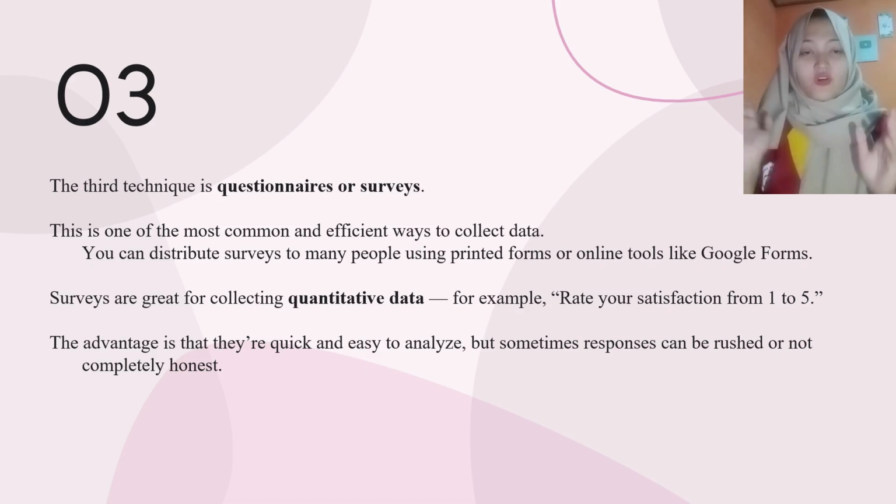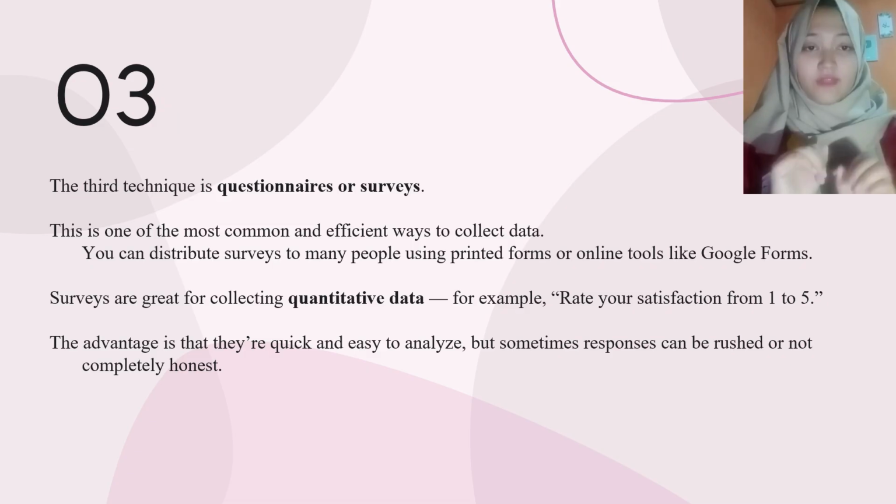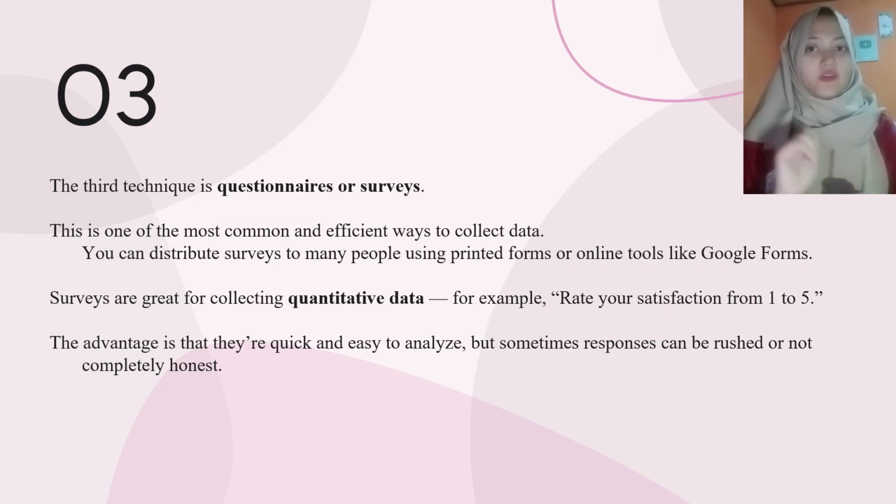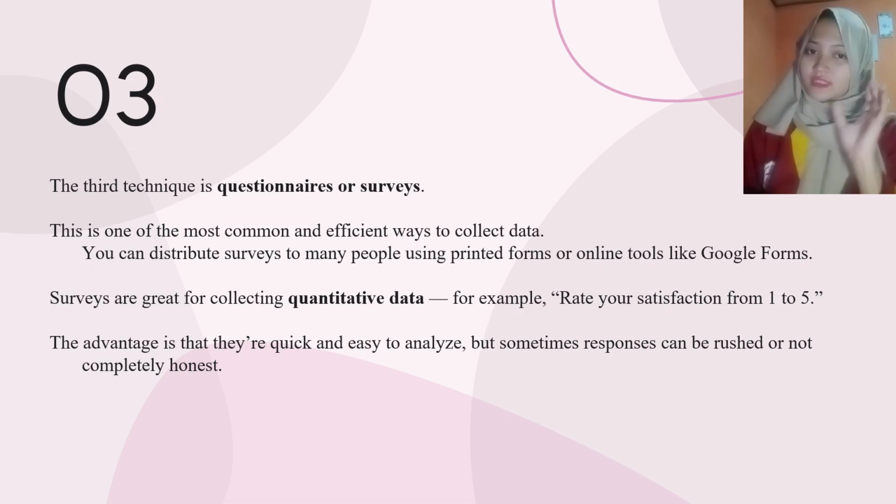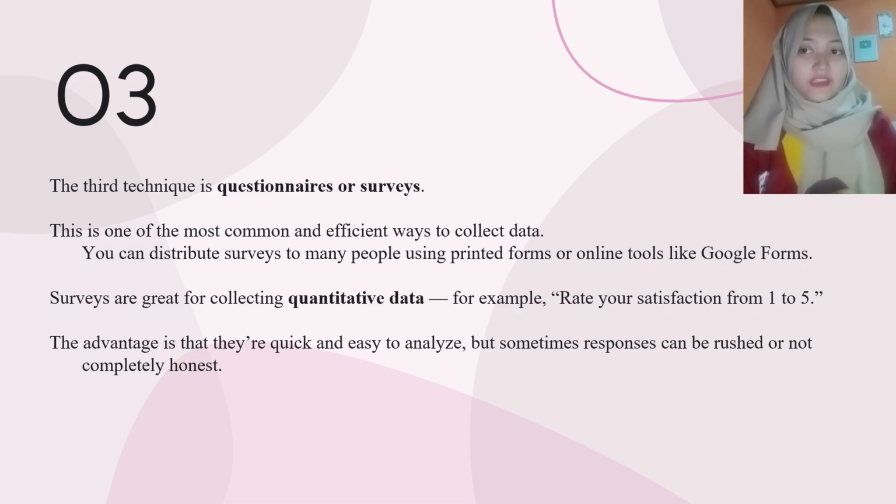Surveys are great for collecting quantitative data. For example, rate your satisfaction from 1 to 5. The advantage is that they're quick and easy to analyze, but sometimes responses can be rushed or not completely honest.